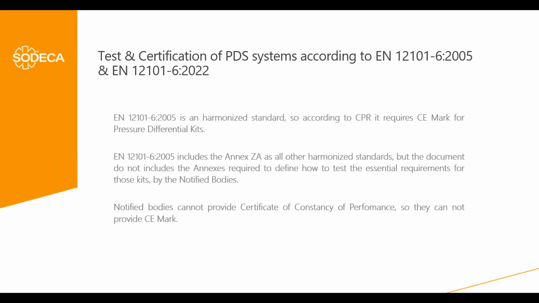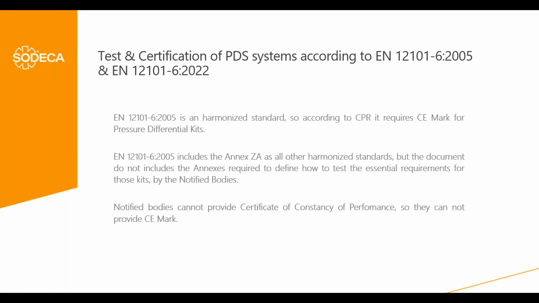And remember that the old part 6 is a harmonized standard. So according to the Construction Products Regulation, it requires the CE mark for these pressure differential kits, in the same way that we require the CE mark for smoke extraction fans, smoke barriers, natural vents, smoke control ducts or smoke control dampers. This standard, being harmonized, requires this CE mark.